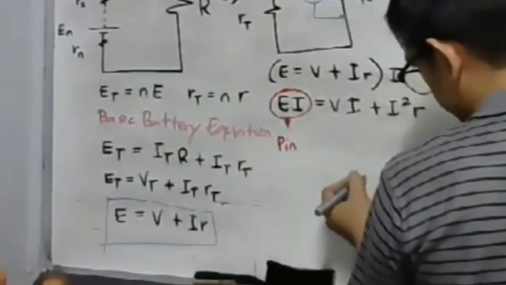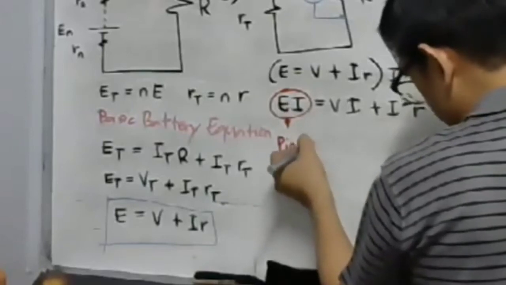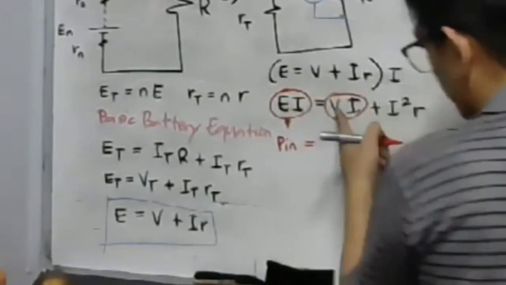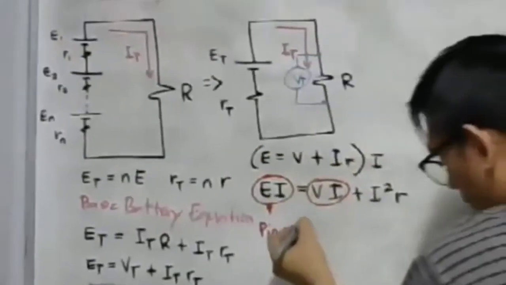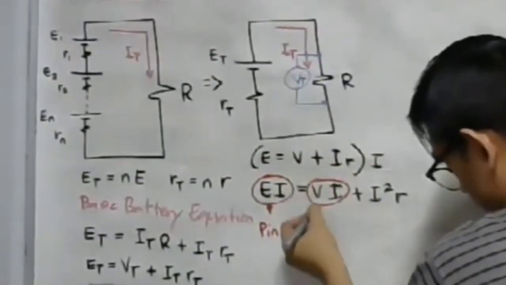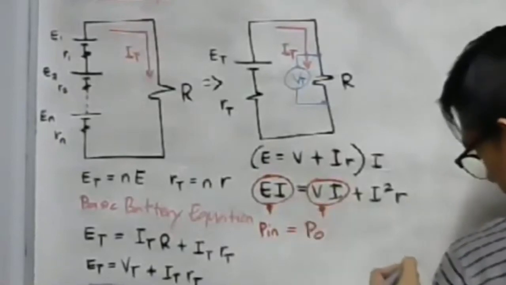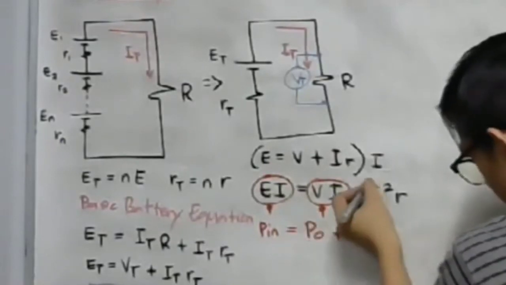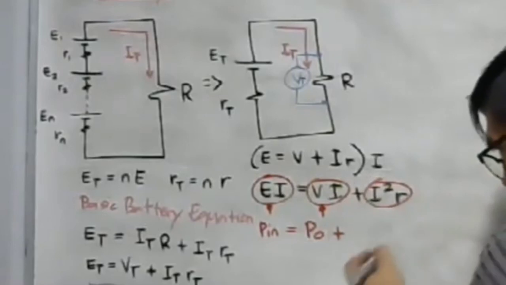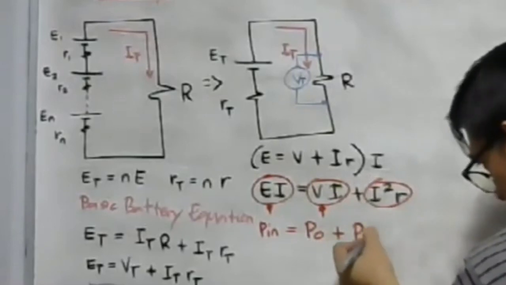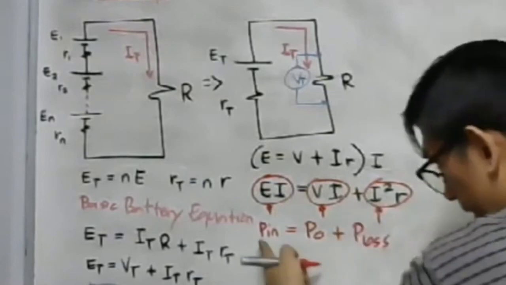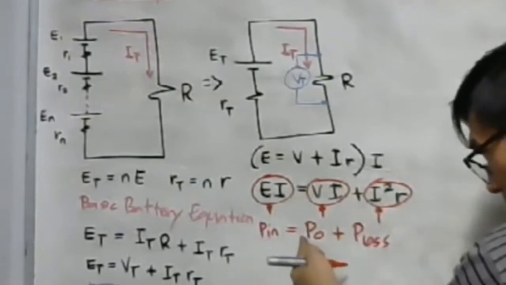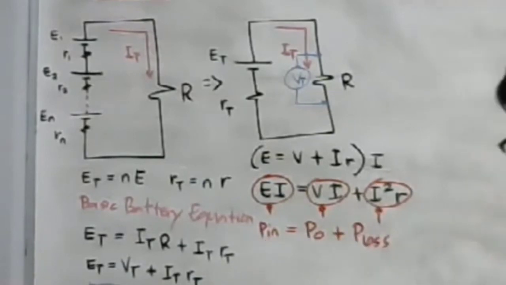Take note of that. That is equal to, what is our BI? That is the load voltage times current, or simply our power output. What is our I squared R? That is the basic formula of power loss. That is why our power input is power output plus power loss.